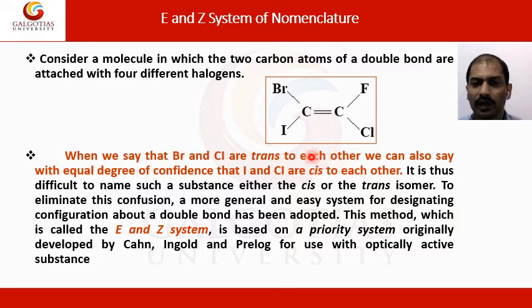But if the highest priority is on the opposite side, like if we replace this bromine by iodine and put the bromine here, then the first priority will go there, and with respect to this carbon this will be the first priority. In that case the highest priority atoms will be opposite to each other, so it will be designated with the prefix E.